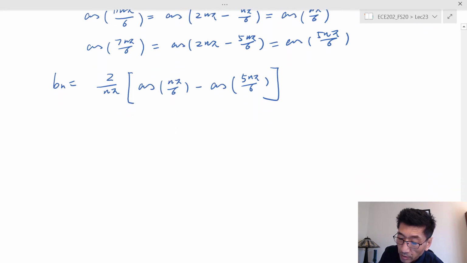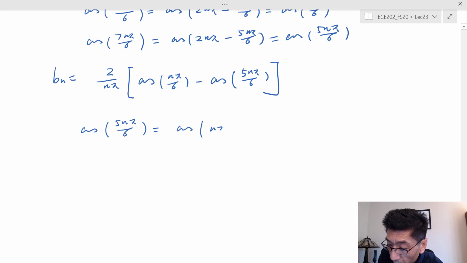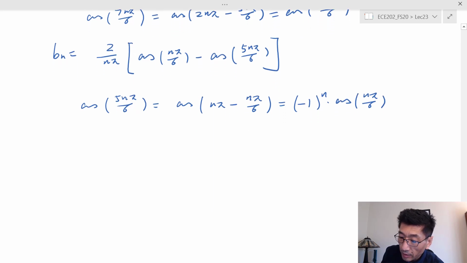I can further simplify this, because cosine 5 n pi over 6 is actually equal to cosine of n pi minus n pi over 6. So this will give me -1 to the power n, times cosine n pi over 6. If we substitute this in, we're going to have b_n.